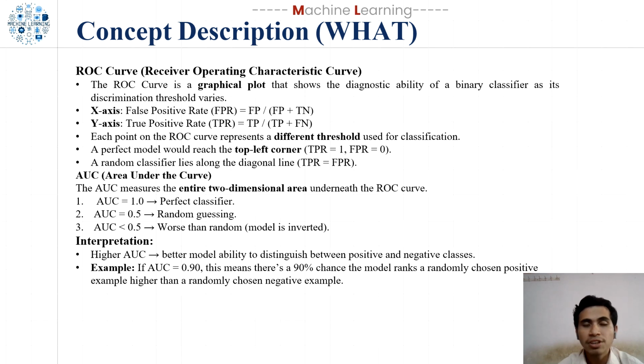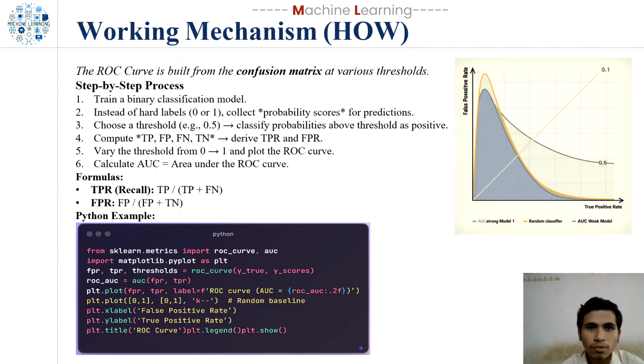When the AUC is less than 0.5, it is worse than random. For example, when the AUC is 0.90, the model has a 90% chance of ranking a positive example higher than a negative one. This metric gives us a comprehensive understanding of model performance across all thresholds, not just a cutoff like 0.5. So now let's see the next topic.